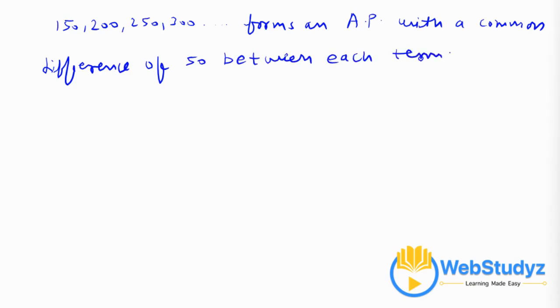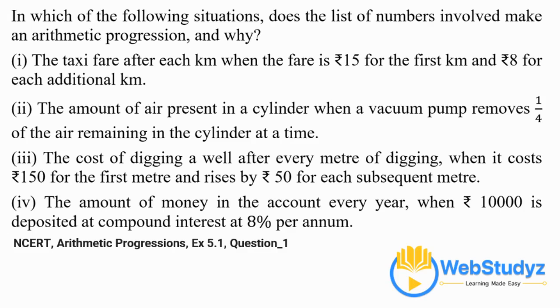Now move on to the fourth question, which is the amount of money in the account every year when rupees 10,000 is deposited at compound interest at 8% per annum. So let's start the solution.